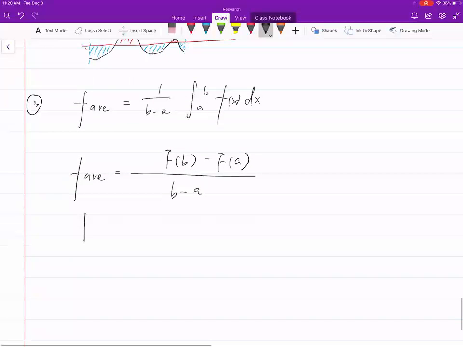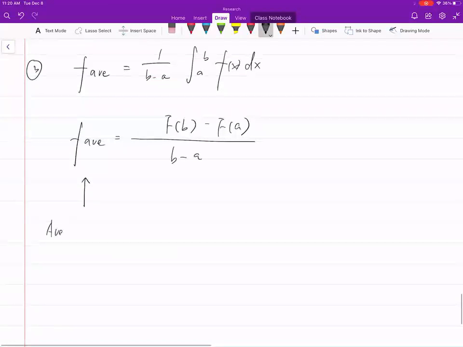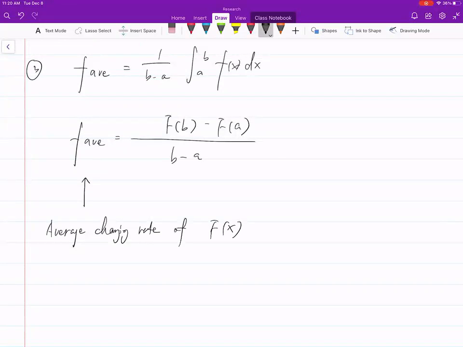It means the average value of a function is the average changing rate of the antiderivative.